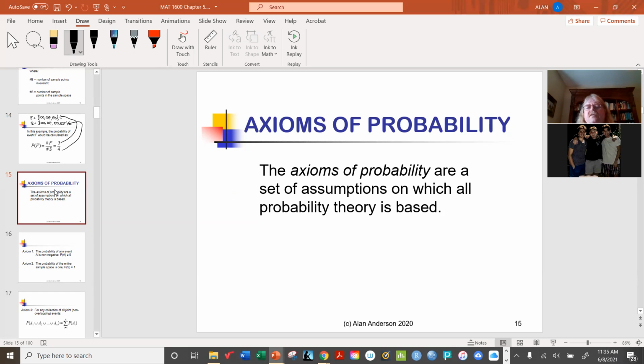But here, these are some statements that we'll accept without proof, and they will form the foundation of all of probability theory. So at least the first 2, I think you'll find to be very straightforward and self-explanatory. The third one is a little bit trickier. All right, so axioms. Any system of logic is based on axioms. So this is no different.